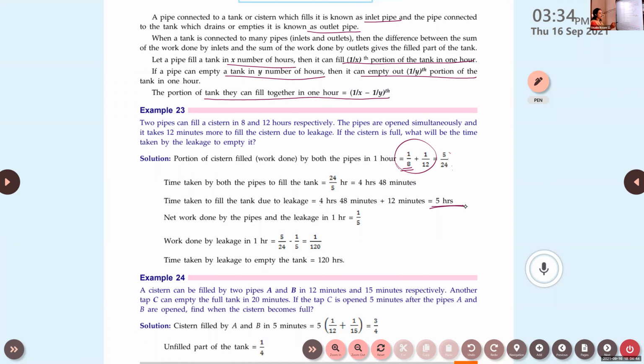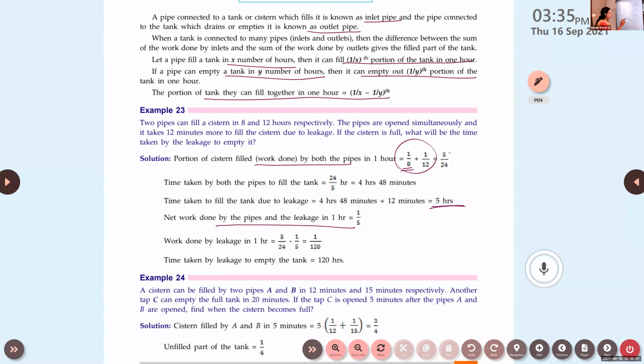So what is the net work done in 1 hour? Because of the leakage, it took 5 hours to fill the tank, so the part of work done in 1 hour is 1 by 5. This is the net work done by both the pipes.